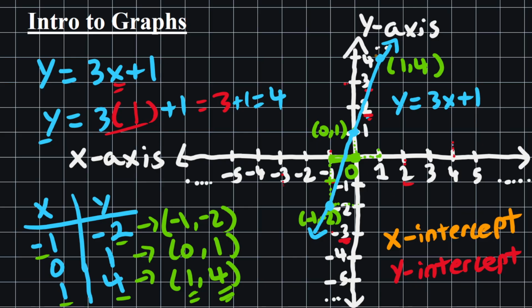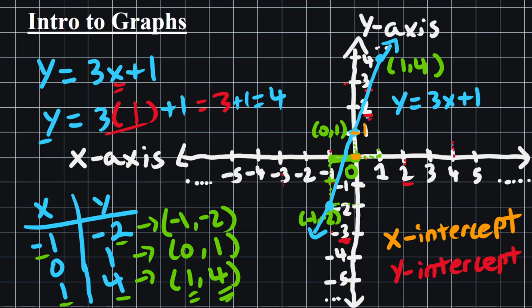So let's look for the x-intercept of this equation we drew right here, y equals 3x plus 1. When y equals 0, what does x equal? As you can see right here, y equals 0 at this point. y equals 1 over here, but y equals 0 right here.